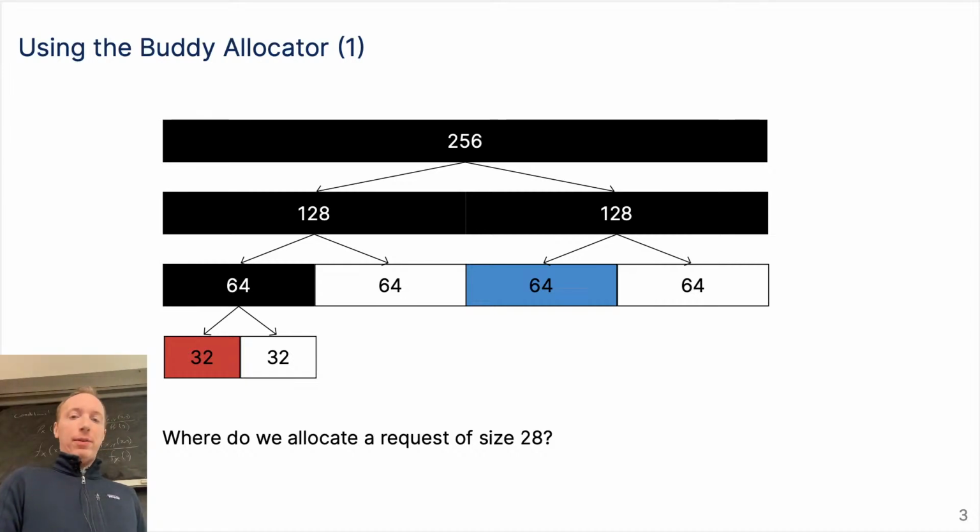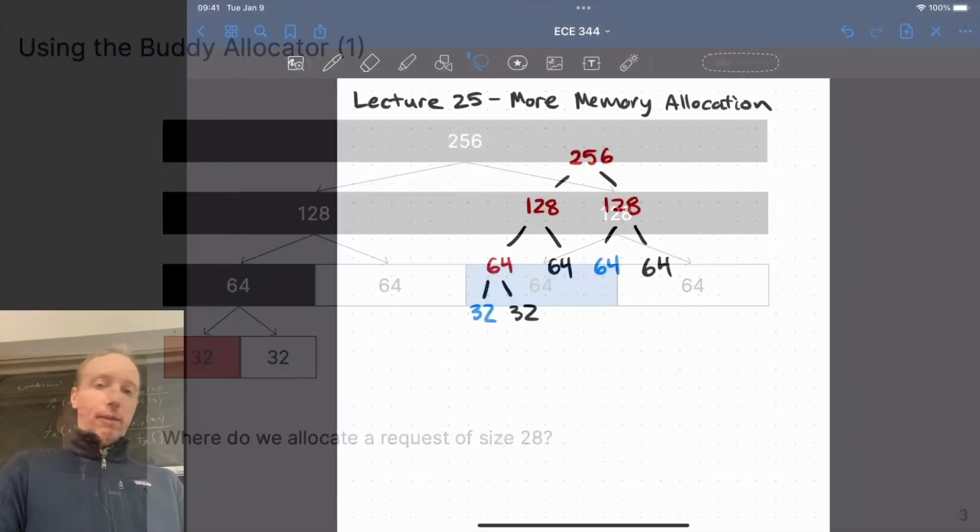Yeah, so we'd have to round 28 up to the next power of 2 because we are only dealing with powers of 2. If we try and give it 16 bytes, that's not enough. So we have to round up and give it 32 bytes. And in this scenario, there's already a 32 byte block that is free.